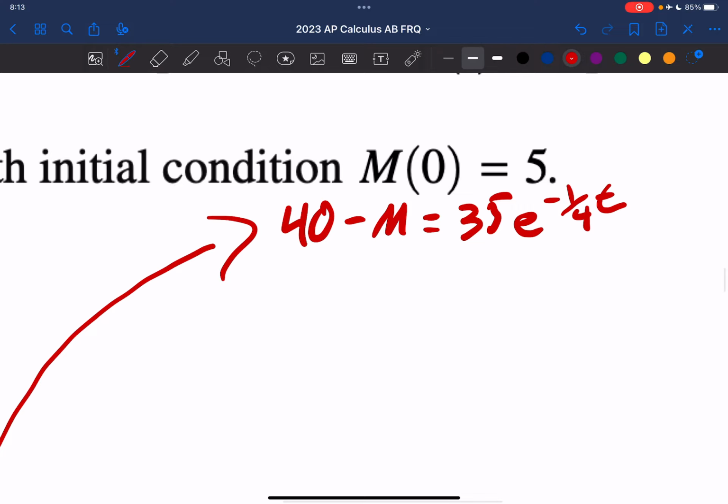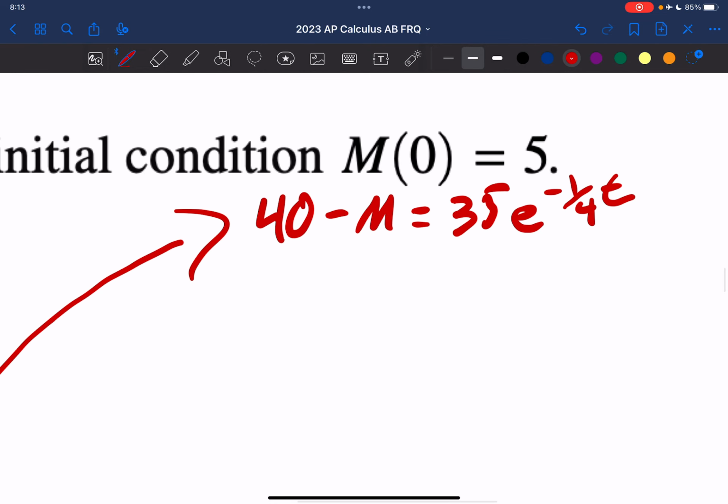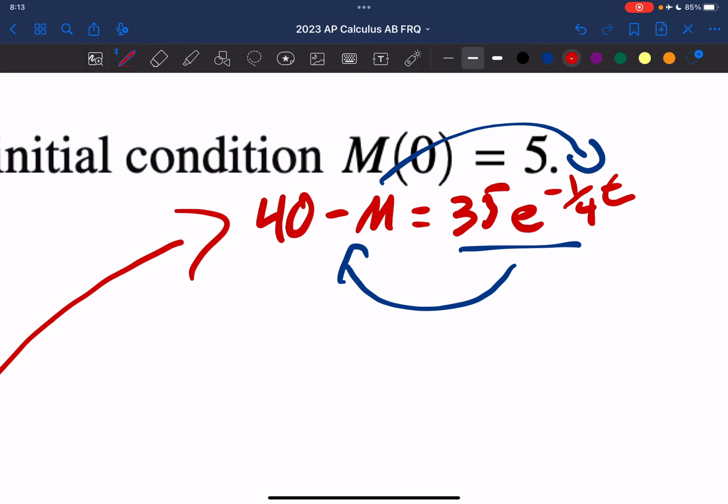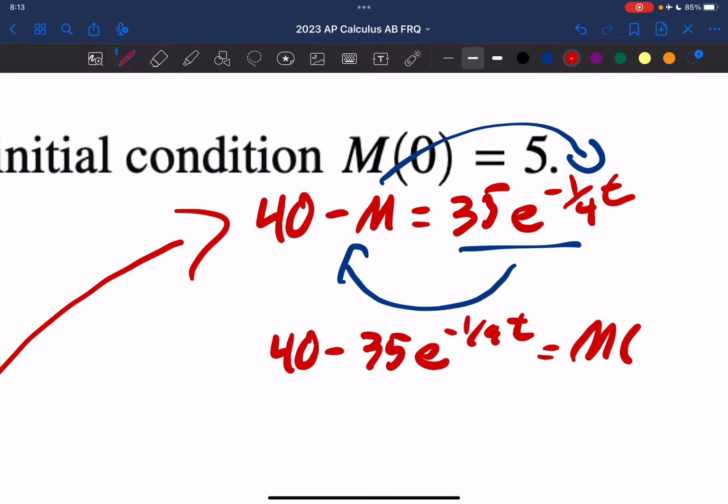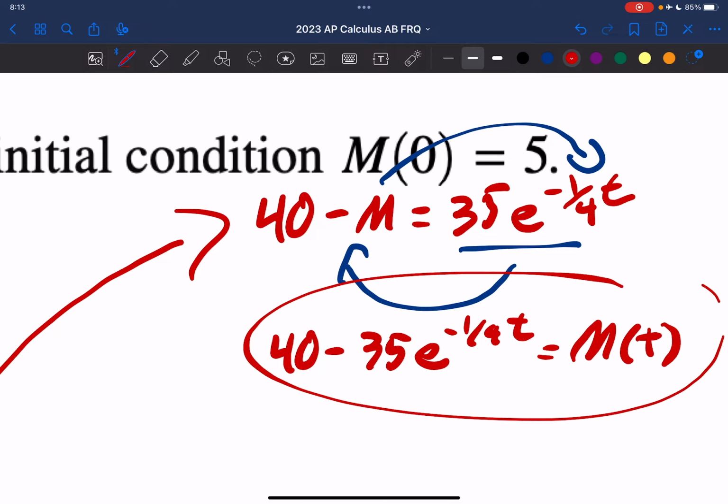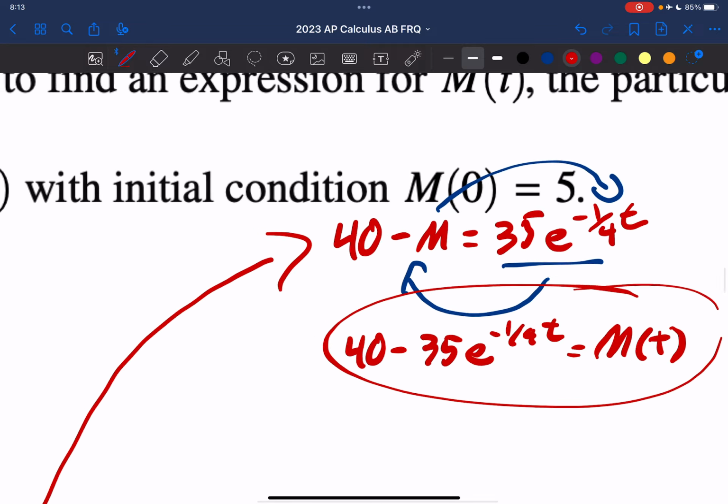Now this term goes over here, and m will go over there. So 40 minus 35 e to the negative 1/4 t equals m of t. And there is our particular solution.